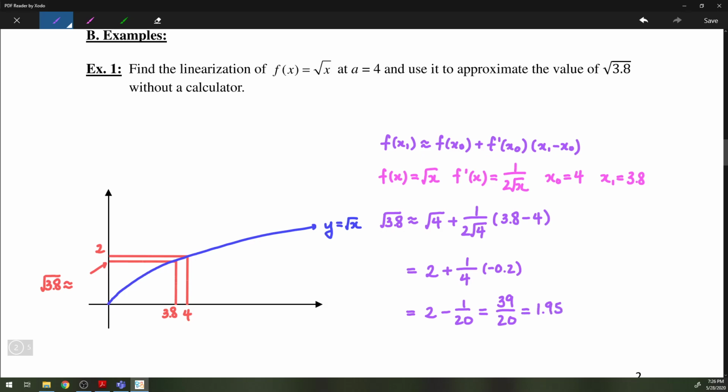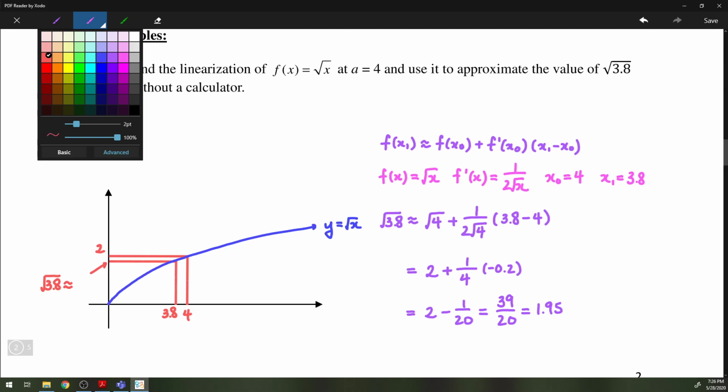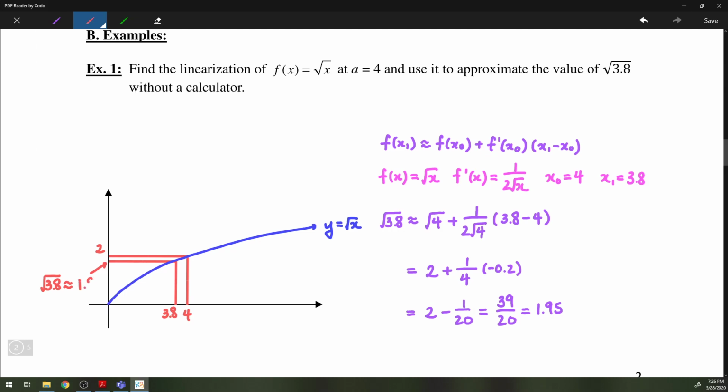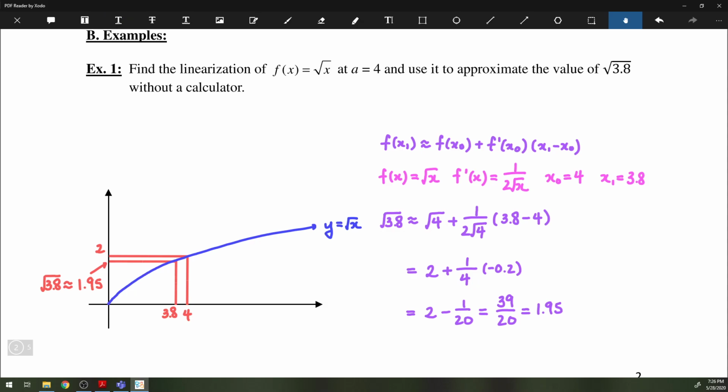So in other words, the approximate value of square root of 3.8 that we'll get using a linear approximation at 4 will be 1.95. Okay? Which, if you use a calculator to find out the square root of 3.8, it is actually very close to 1.95. So this is a good approximation.